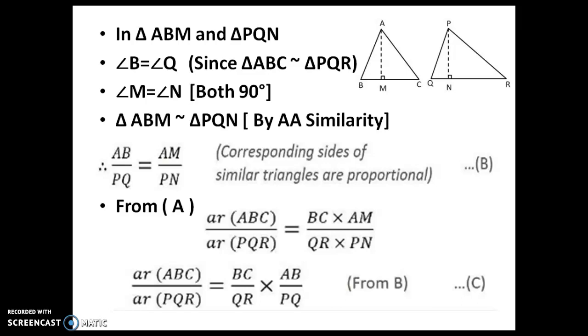So if you see, this AM by PN is there, no? That is replaced with AB by PQ. Okay. So this is replaced with this one. Why? Because it is given in this equation. Okay. So with AB by PQ we are replacing.